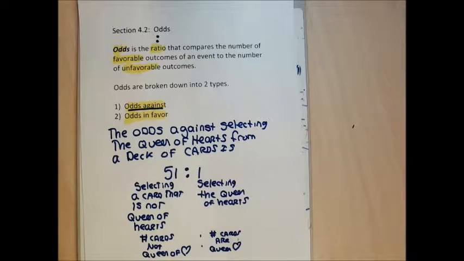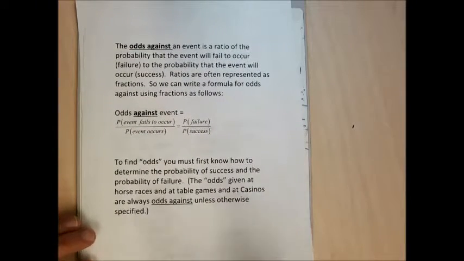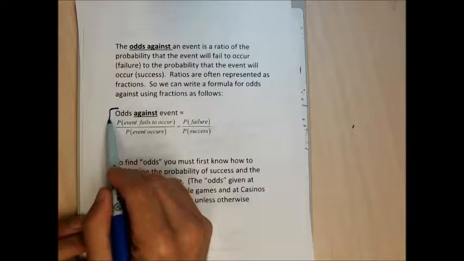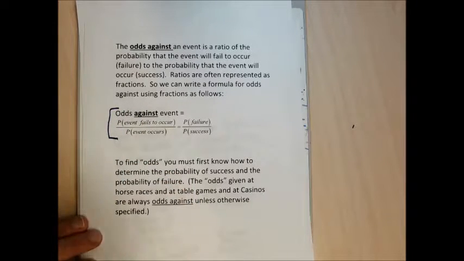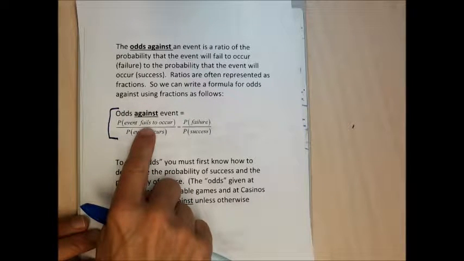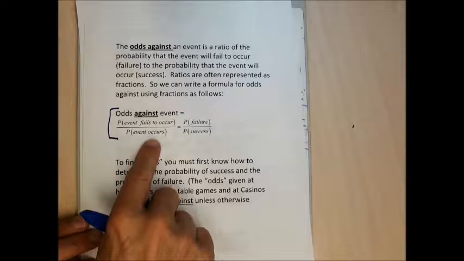Let me talk about how these odds relate to probability, because you can actually compute odds from probabilities, although I'd like to avoid computing odds from probabilities. But on the next page, I give a formula. I say the odds against an event is the probability that an event fails to occur divided by the probability that the event does occur.